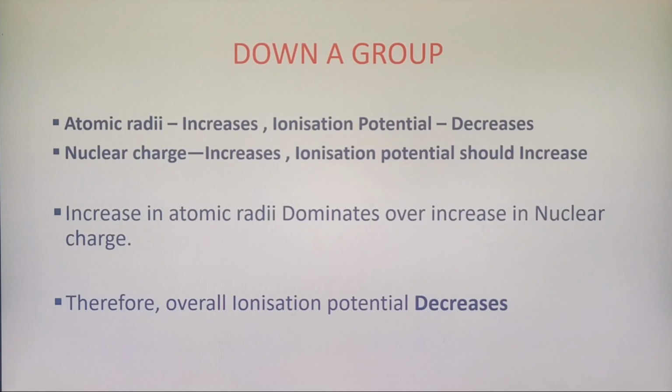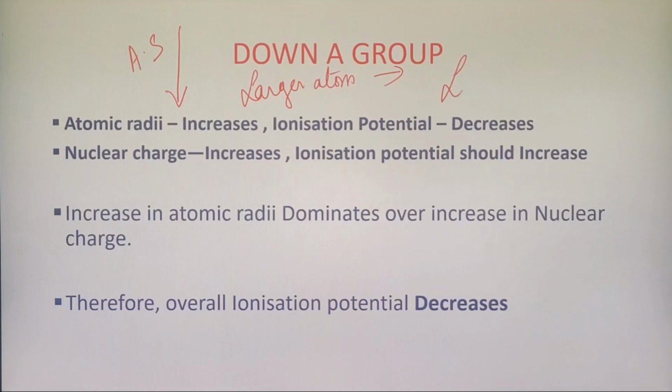Okay. Now let's start with how the ionization energy will vary down a group. When I say down the group, I mean from top to bottom. We know that from top to bottom, the atomic size is going to increase. The larger the atom, it's going to be very, very easy for me to remove an electron.